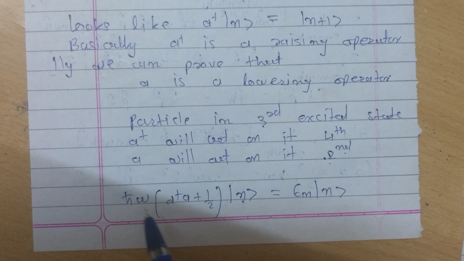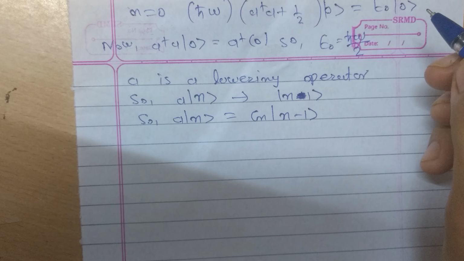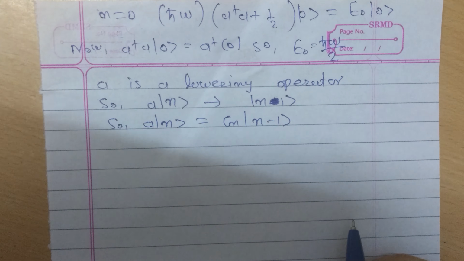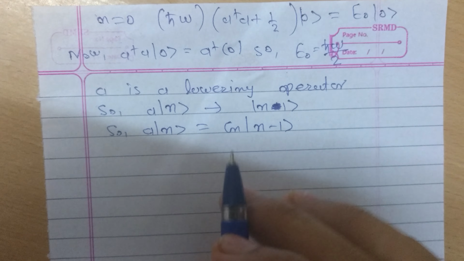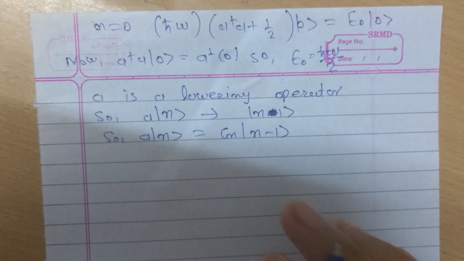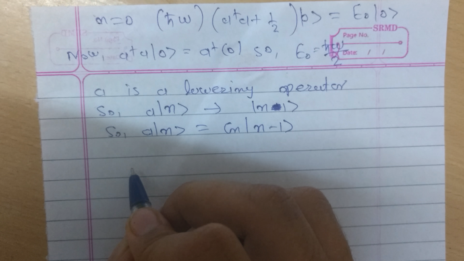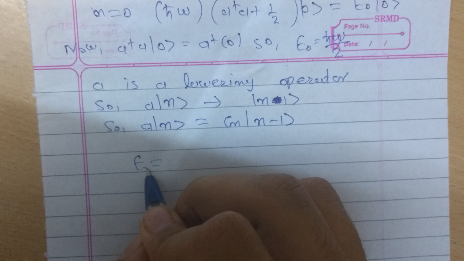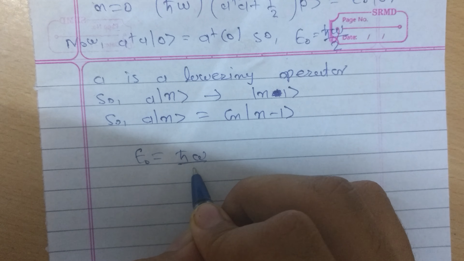Now a† a acting on the zeroth state gives 0, so E₀ will be ħω/2. So for the ground state, the energy of the particle is not equal to 0; instead it is ħω/2.